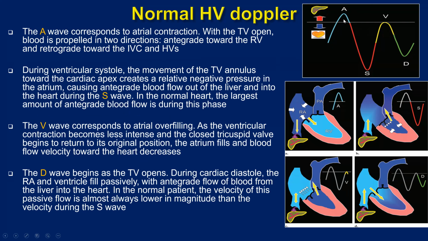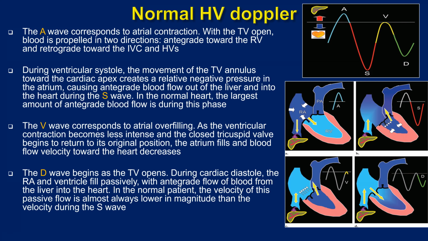The A wave corresponds to atrial contraction with the tricuspid valve open because, as we know, the atria contract at the end of diastole of the ventricle. So immediately after the P wave of the ECG, we have the A wave due to contraction of the right atrium.